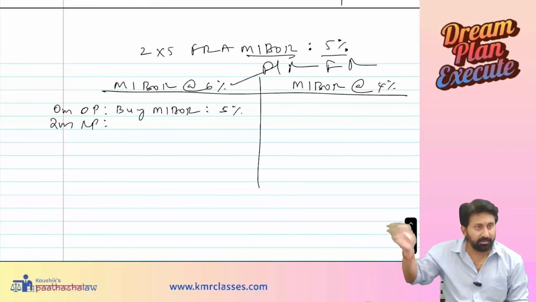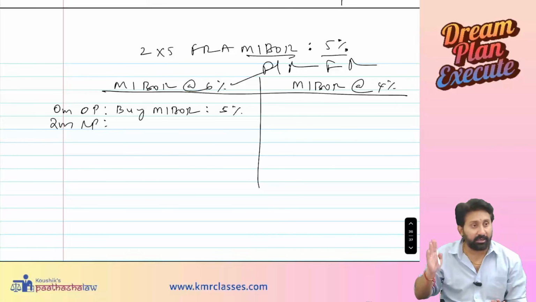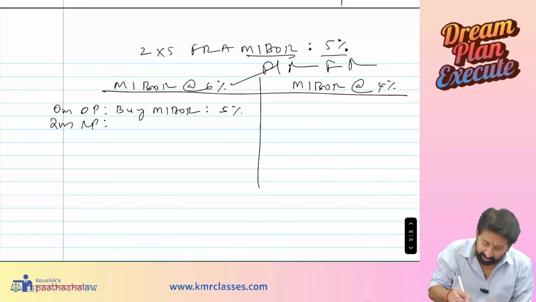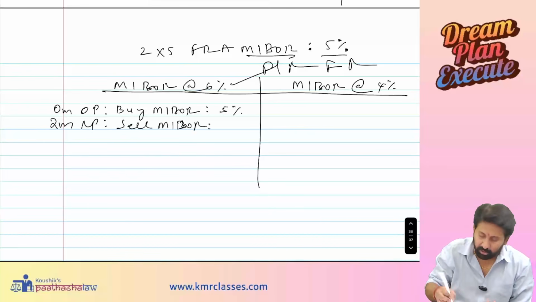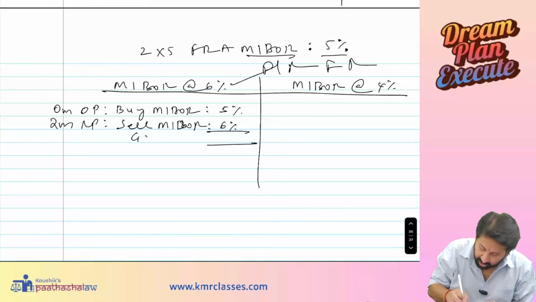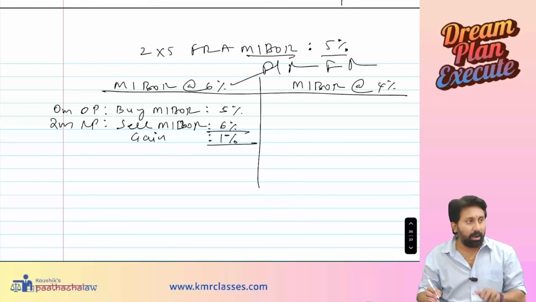At 0 month, the original position is buy MIBOR at 5%. After 2 months we take a reversal through sell MIBOR. How much percent have we taken for the sell MIBOR? 6%. Now am I making a gain or loss? Gain. Gain of how much percent? 1%. 1% gain I made.